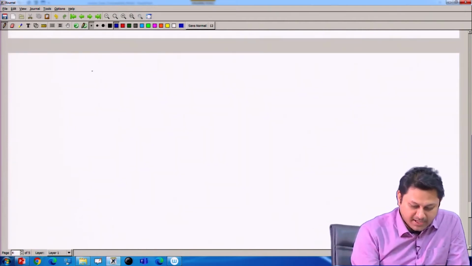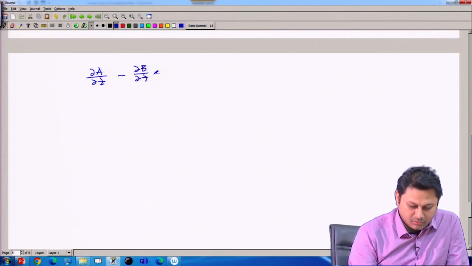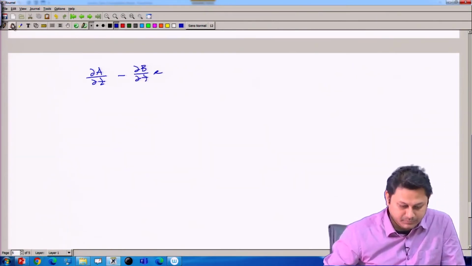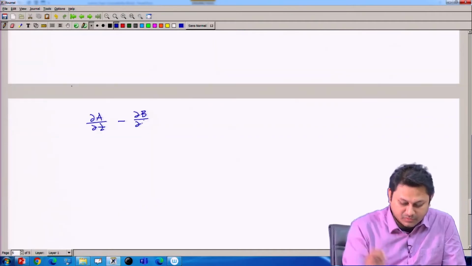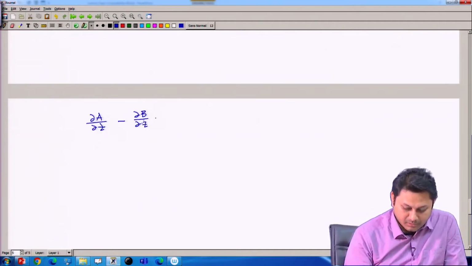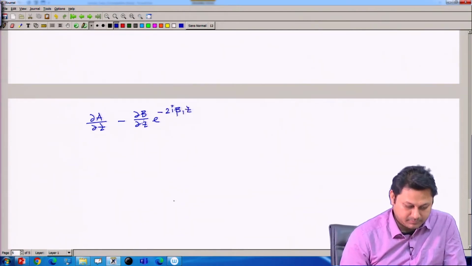So, if I do, I can have del A del z, I want to free this term, minus del B del z e to the power of minus 2 i beta 1 z, because I divide everything with e to the power of i beta 1 z.